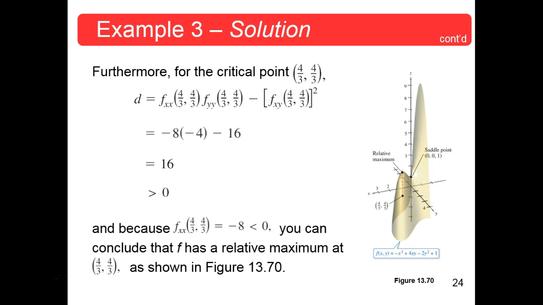Because your partial with respect to x is negative, and your partial with respect to y is negative, and that's a greater value than the other, which was 16. There. But it is a greater value than the square of that. Then you can conclude that as a relative minimum. No, relative maximum. Because of the second partial.